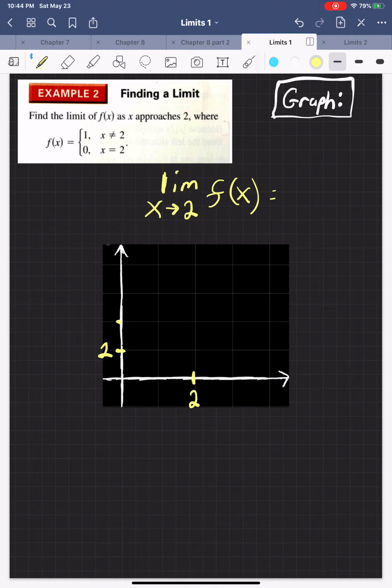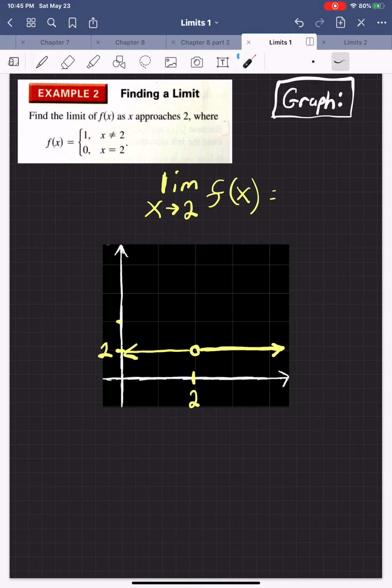When x does not equal 2, so all of these values that I'm drawing is when x does not equal 2. And notice that, for example, 3 is not 2, so it's saying y equals 1 for every value that is not 2.